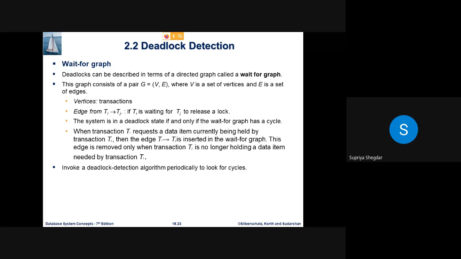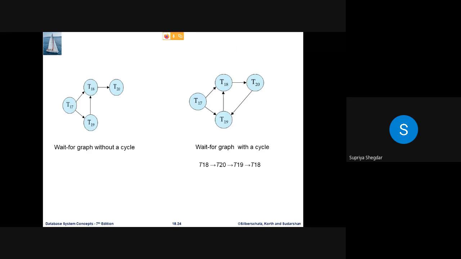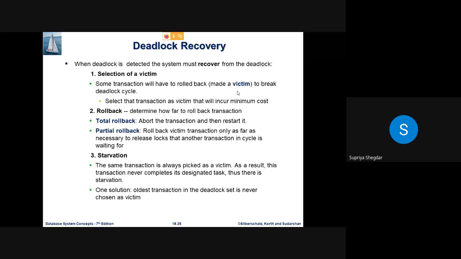So the important point is, if the wait-for graph contains a cycle, then that system is in the deadlock state. We saw one diagram of the wait-for graph without a cycle and the wait-for graph with a cycle. If the cycle is present, it means every transaction present in that cycle is waiting for another transaction to release the lock.